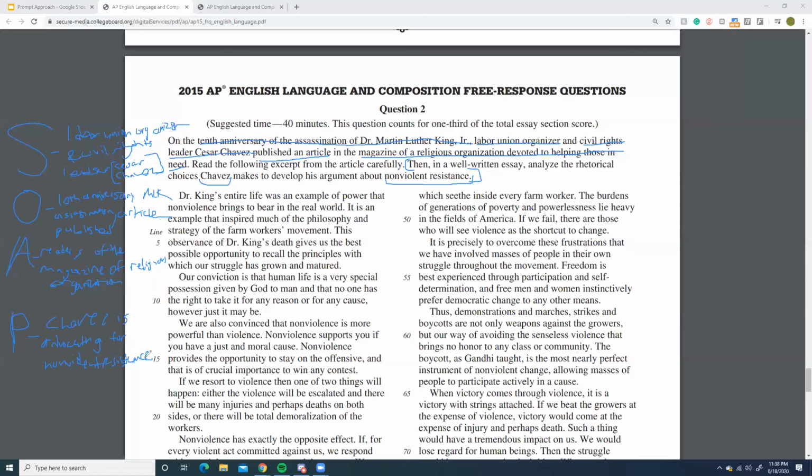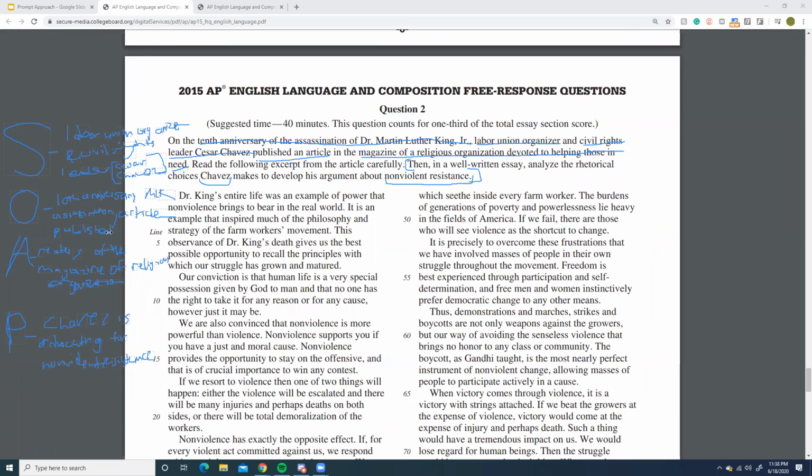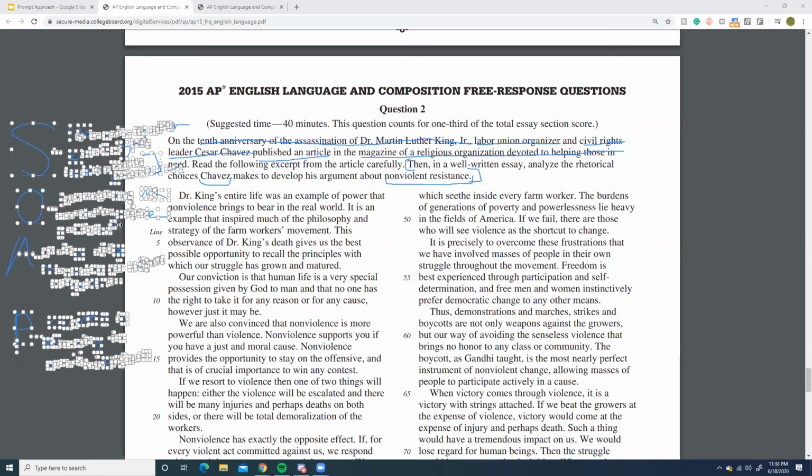Boy, my handwriting is incredible. All right, so now we can actually read the prompt itself. See if I can hold on to this.